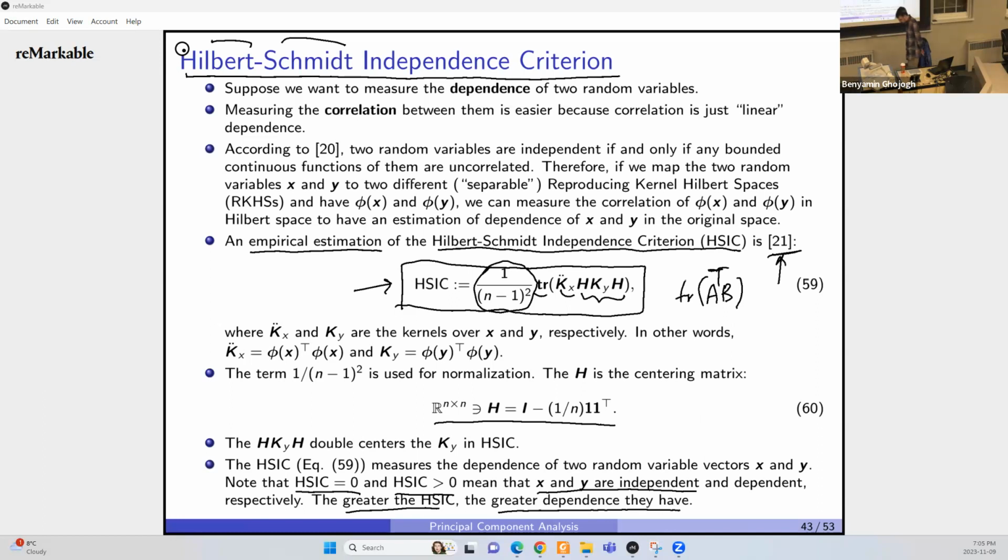So what is that? First off, it was what year? I don't remember, but I think 10 to 15 years ago, I'm not sure what year, you can see reference 21, that Scholkopf et al. proposed Hilbert-Schmidt independence criterion. You know Scholkopf? Bernhard Scholkopf.